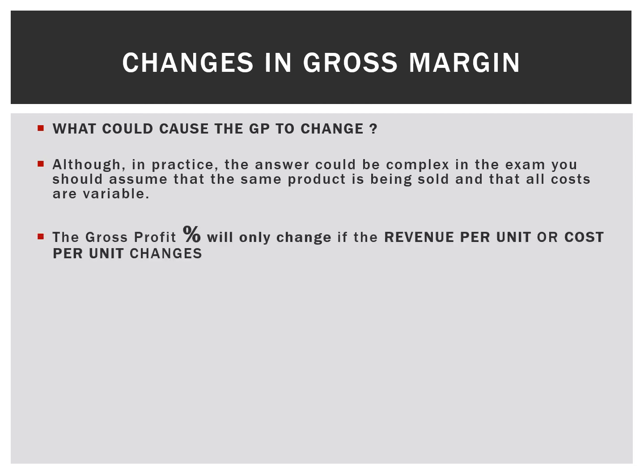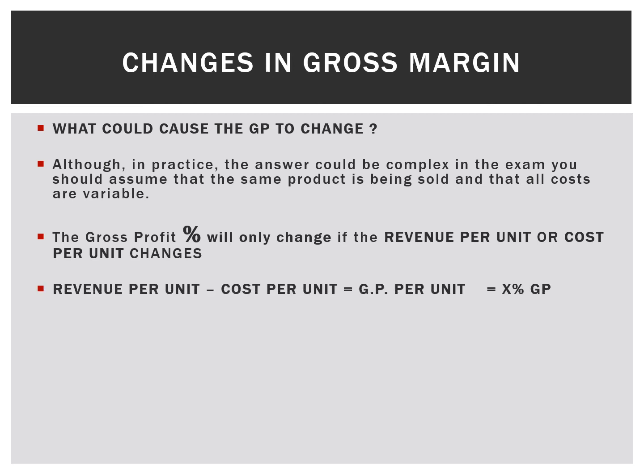relatively straightforward answers. And the important thing, if we assume that the same products are being sold from one year to another, and if there's more than one product, that the product mix stays the same, then the gross profit percentage will only change if the selling price per unit, if the revenue per unit, or the cost price of each unit changes.